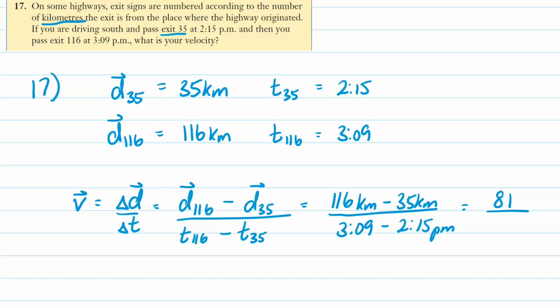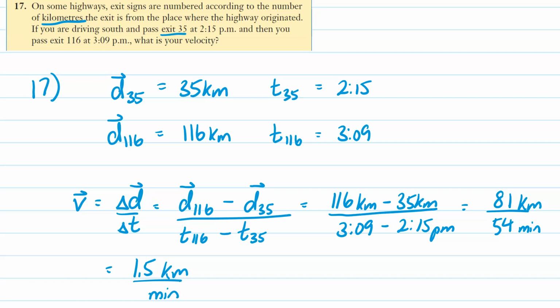So 45 minutes plus an additional 9 minutes would be 54 minutes. So you have 81 kilometers in 54 minutes. 81 divided by 54 equals 1.5 kilometers per minute.